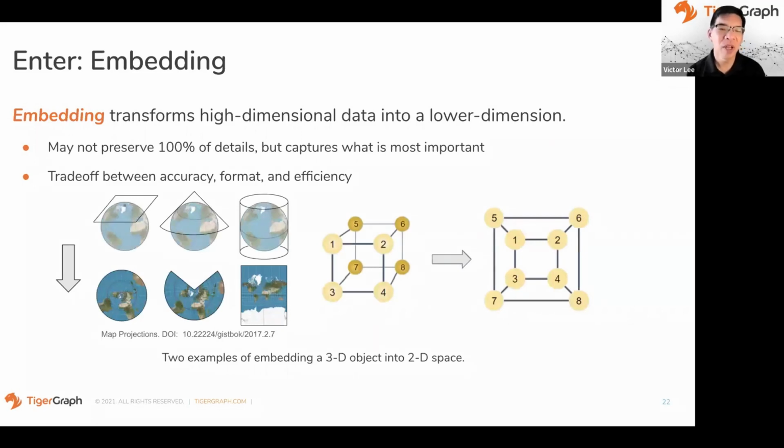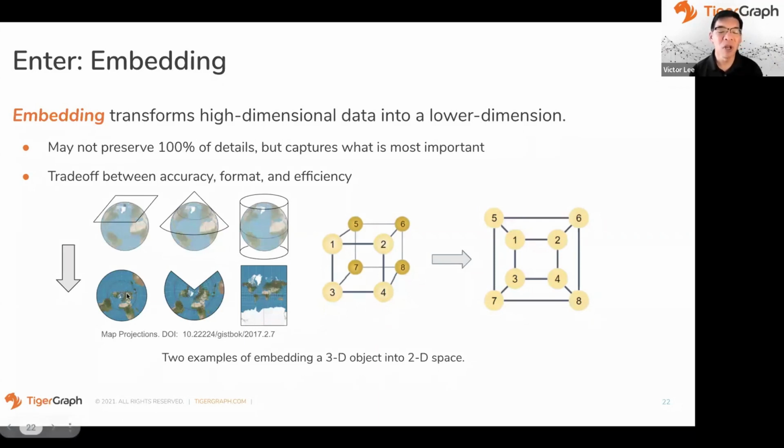So enter embeddings as a possible solution. What is an embedding? That was one of our questions. An embedding transforms high dimensional data into a lower dimension. An everyday example is, how do we represent our spherical Earth, our planet, on a map? We all read two-dimensional maps, but the world is three-dimensional. A local map seems not a problem because the Earth is relatively flat in that small space.